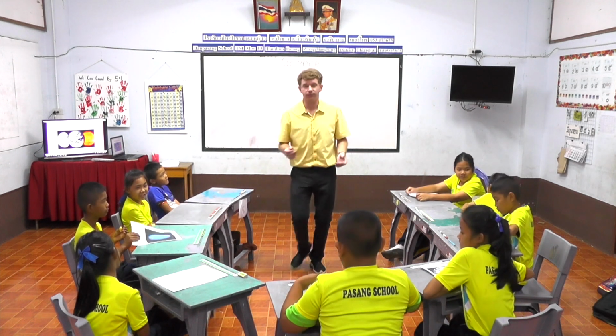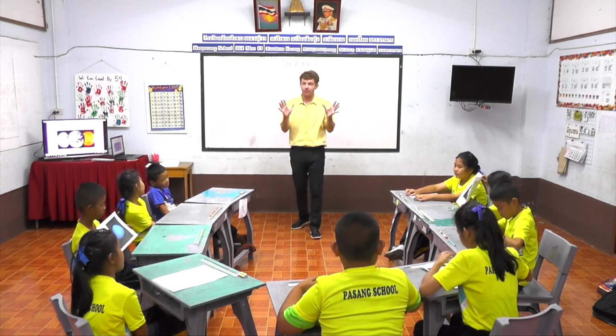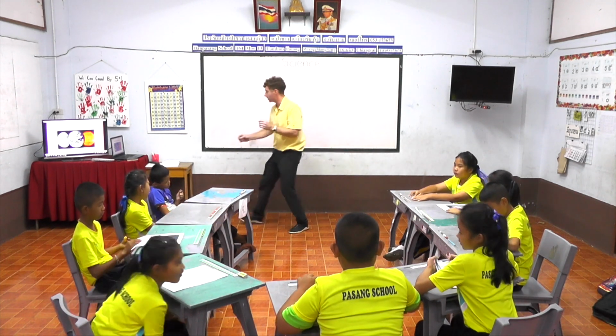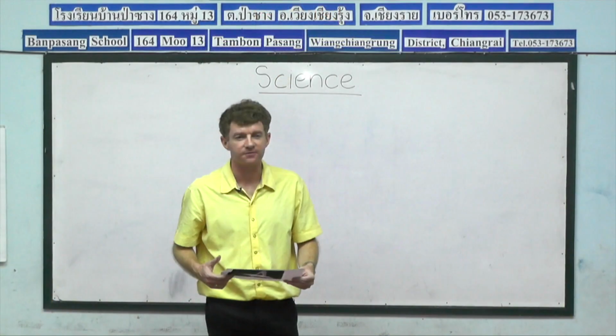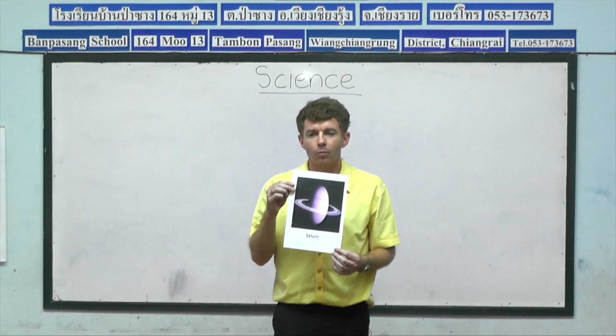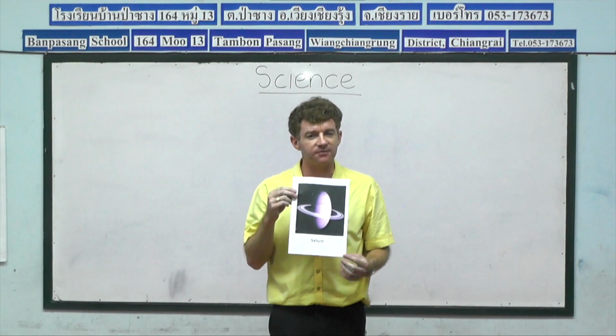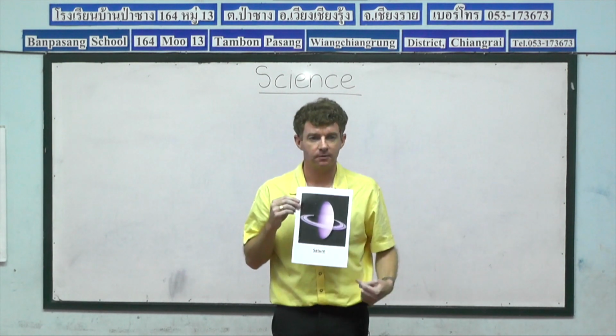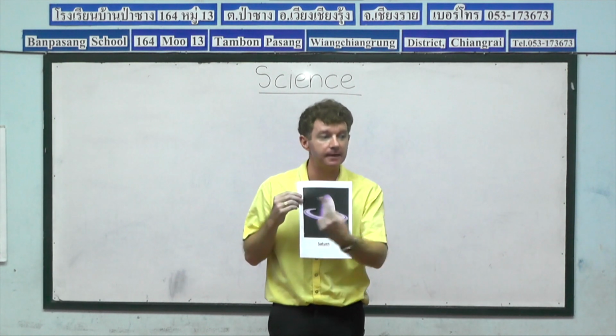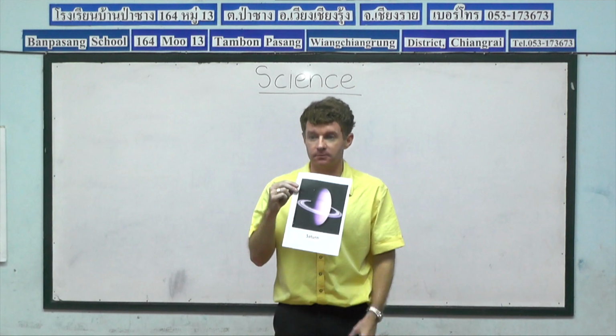There you go. Okay, so we're nearly there with our solar system. 2 planets left. This one is a special planet. What's special about this planet that no other planet has? What does it have around it? A circle or a ring. This is Saturn.